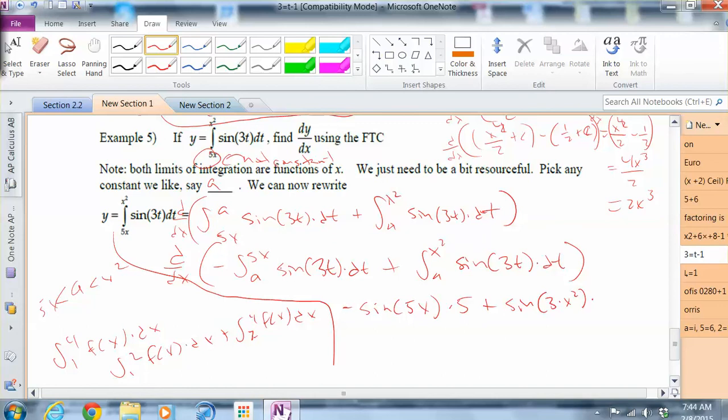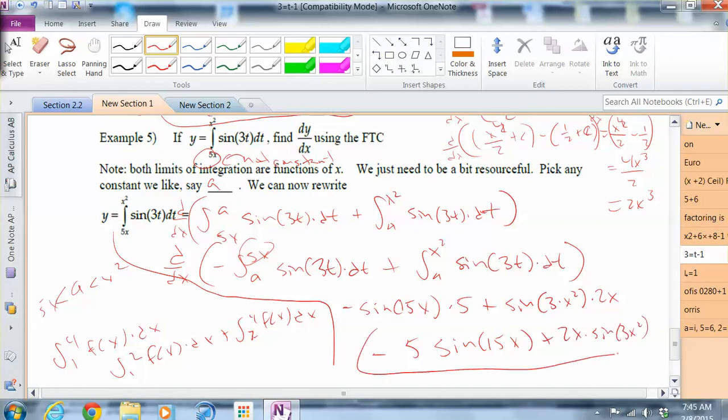So when you do that, you replace t with whatever that limit is. It should be 15x, by the way. So negative sine 15x times 5, plus sine 3x squared times 2x. So negative 5 sine 15x plus 2x times sine 3x squared.